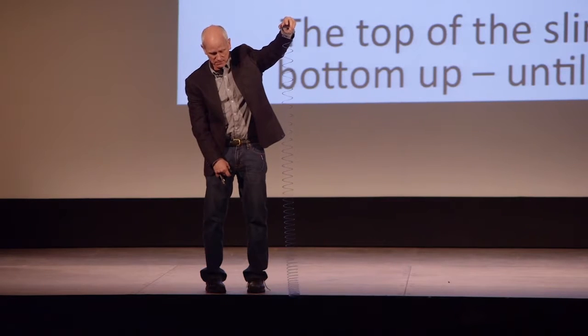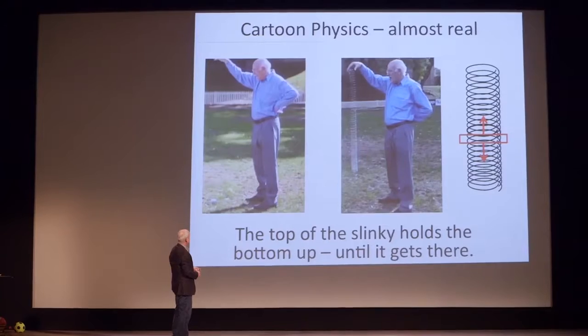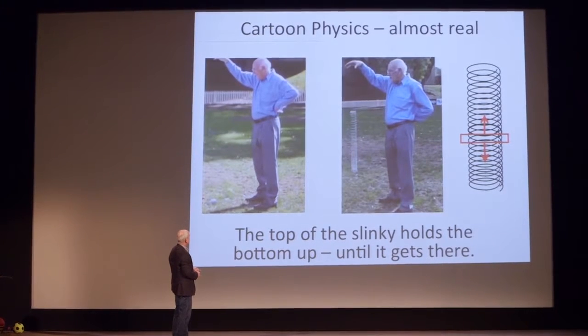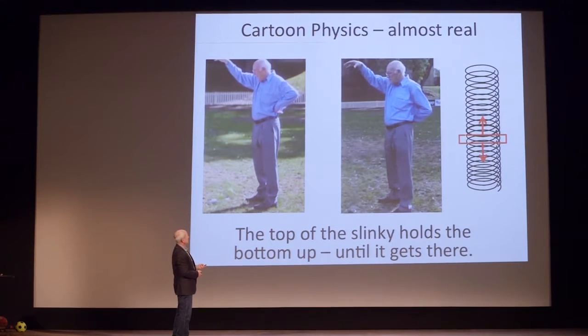So let's see if I can do it in real life. Did that work? Yeah, pretty good. So I could show you this one more time. So this top part of the Slinky falls, and the bottom part of the Slinky doesn't know that the top part of the Slinky is falling.